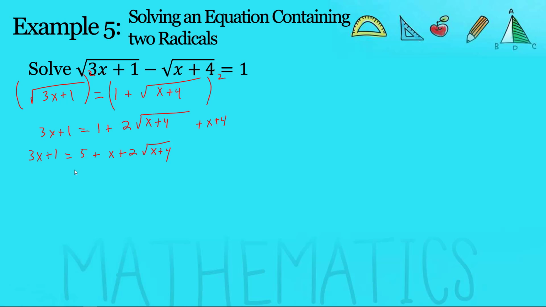Now I can go and subtract 5 from both sides and subtract x from both sides. Adding vertically, I will have 2x minus 4 is equal to, and these cancel, 2 times the quantity x plus 4. I can take this one step further and divide everything by 2.